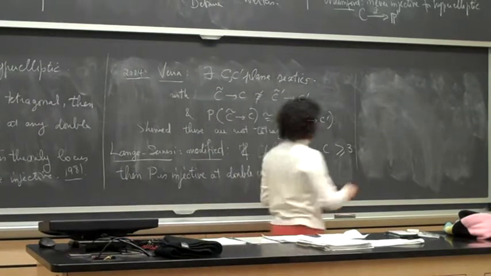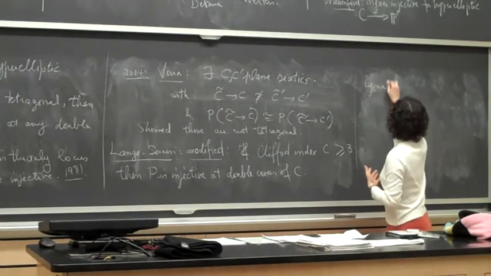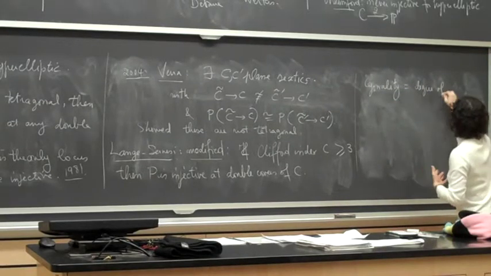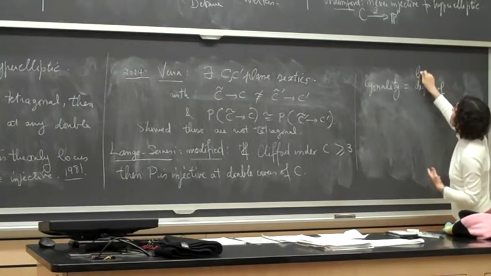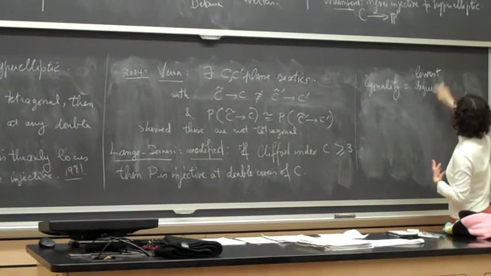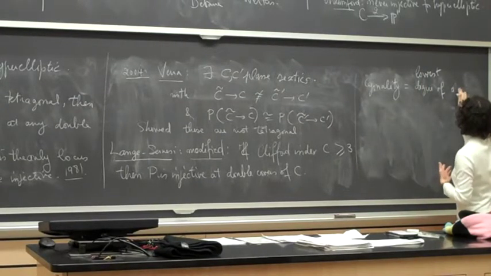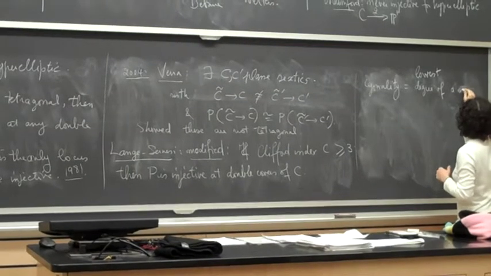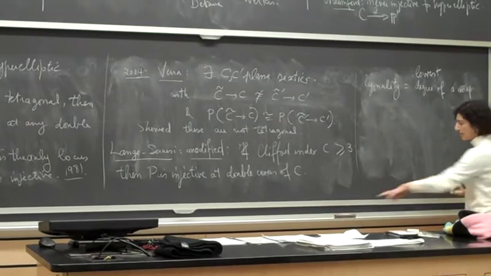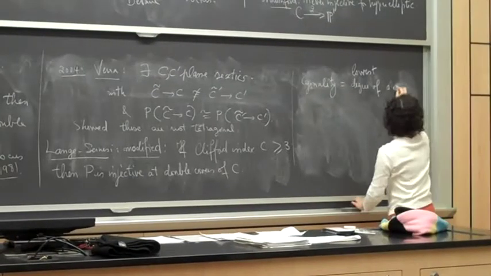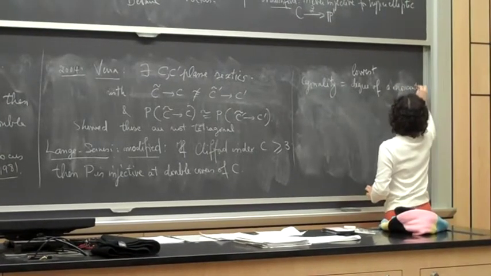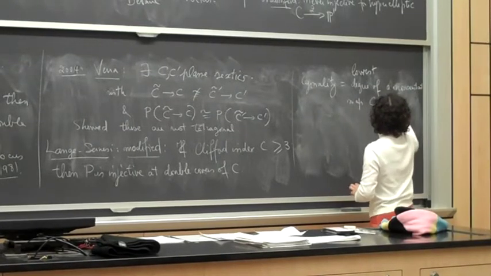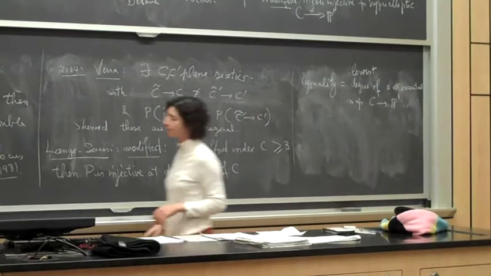So the gonality is the lowest degree of a non-constant map from C to P1, right?